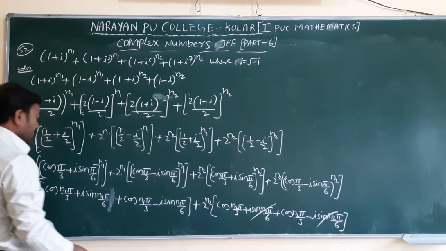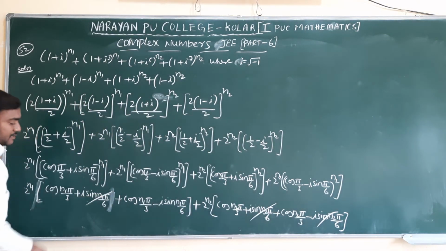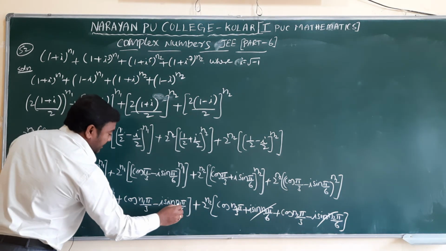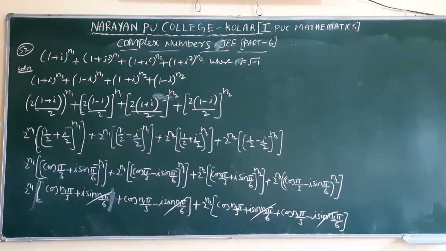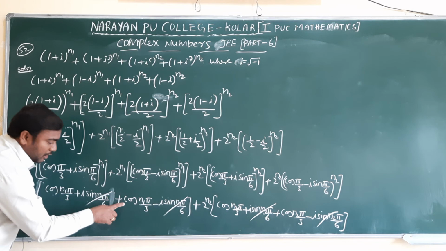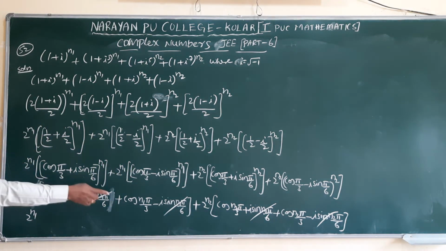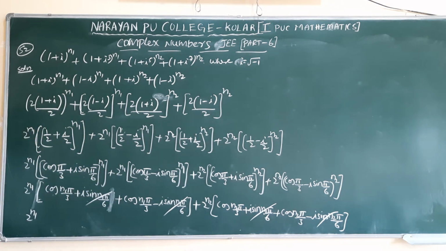Here also I sin n1 pi by 6 minus I sin n1 pi by 6 cancel, remaining 2 power n1 into cos of n1 pi by 3 plus cos of n1 pi by 3, getting 2 into cos of n1 pi by 3.